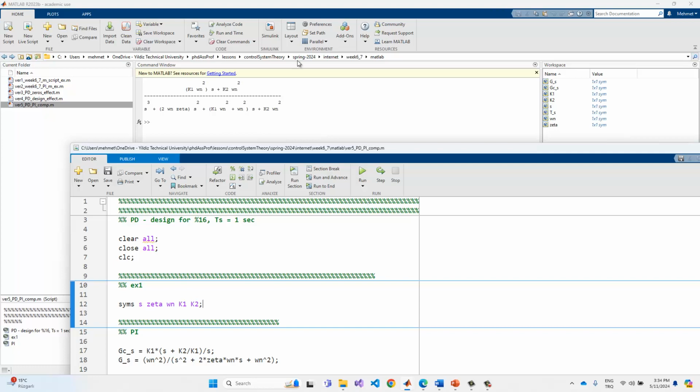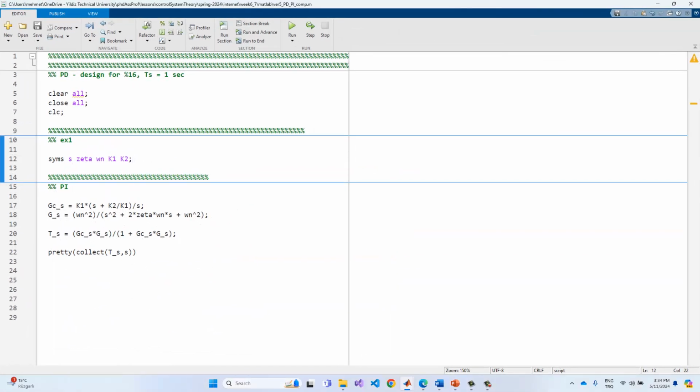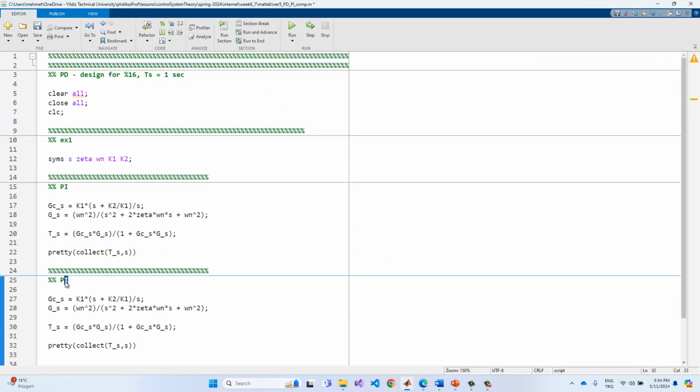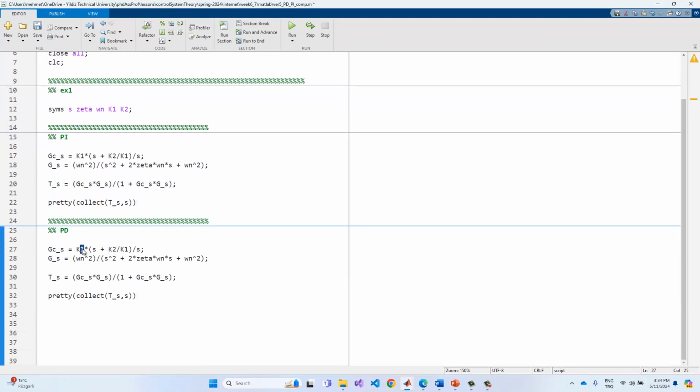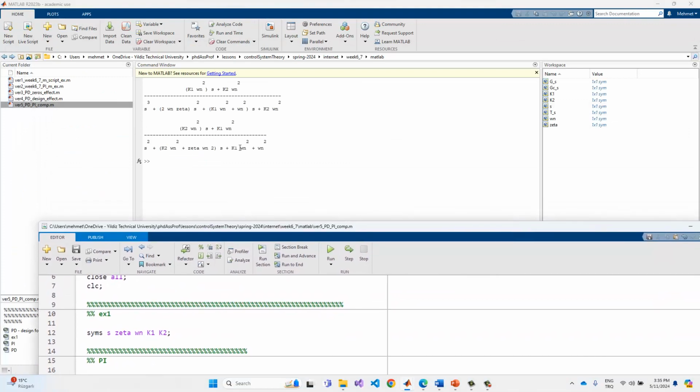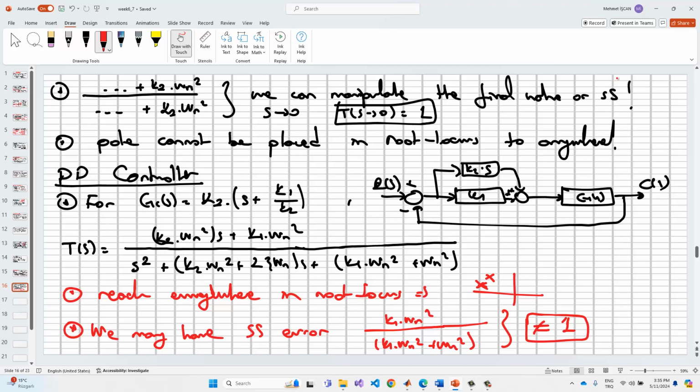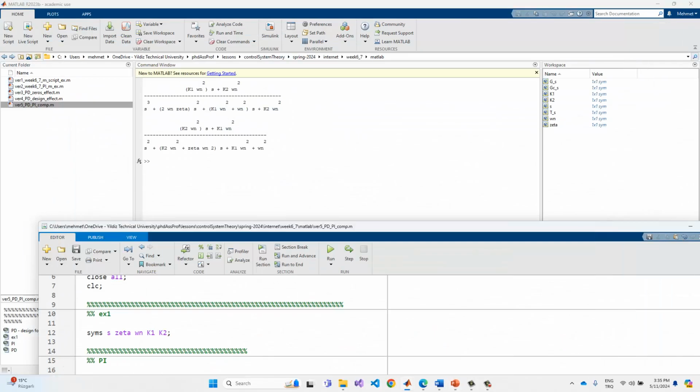And also we can write the PID controller just like this one, the PID, and this is K2 s plus K1 and K2. It's different, right? And so if I rerun this code, then we will have these nominations just like this one, just as we have written the function of these nominations, okay?